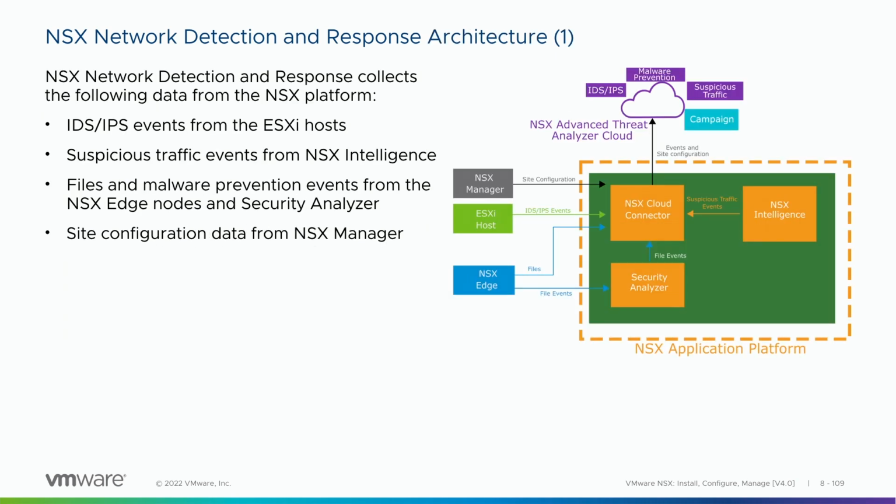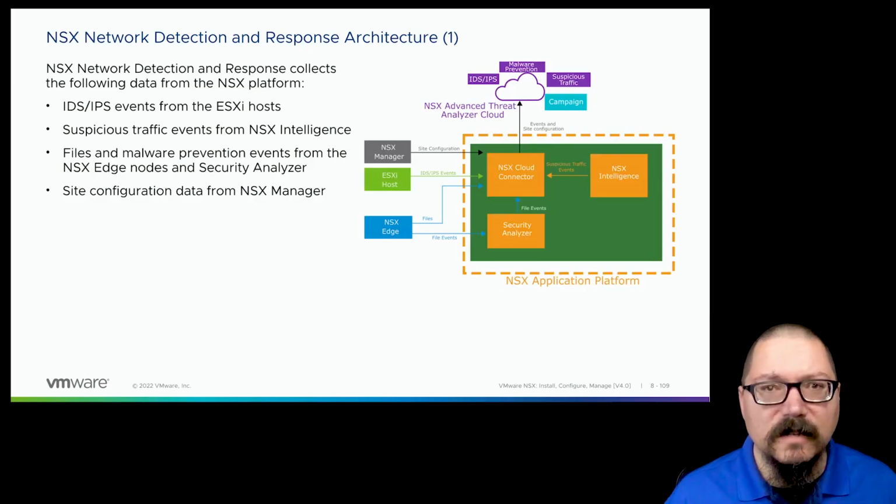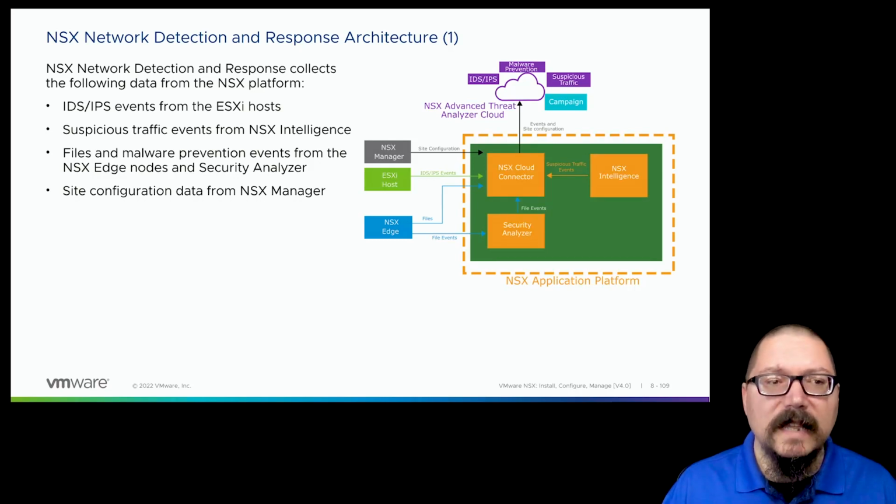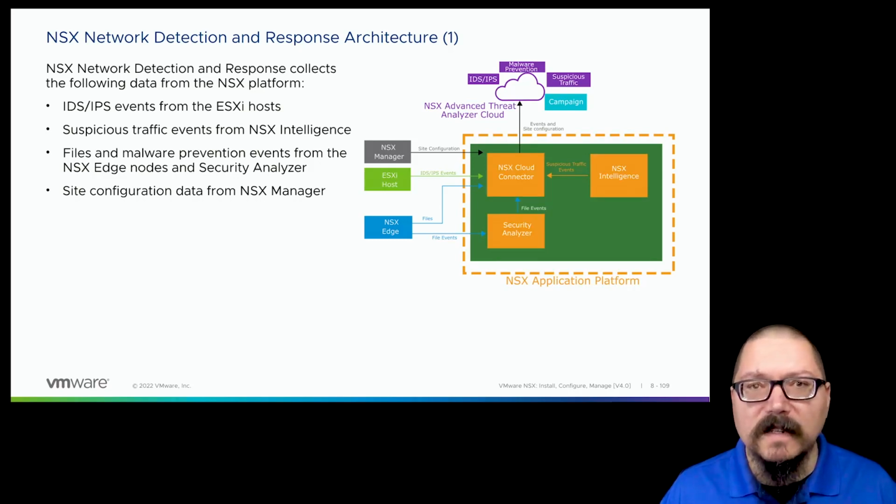Well, we're going to feed in all kinds of data from around NSX, depending on what we have enabled. We're going to feed in intrusion detection and intrusion prevention events. We're going to feed in malware events. We're going to feed in suspicious traffic detection from intelligence.